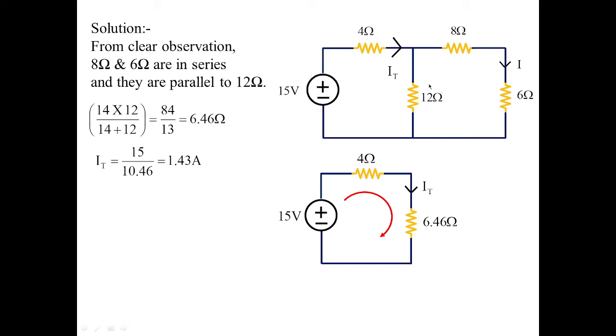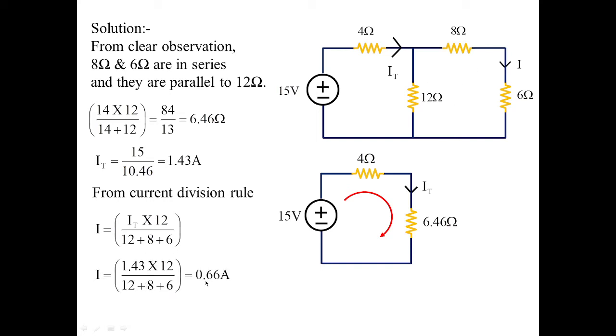Since parallel resistors are there, with the help of the current division rule you can find out the value of current in 6 ohms. From the current division rule, the current in 6 ohms is I total, that is the input current, times the parallel 12 ohms, which is parallel to 8 in series with 6 ohms, whole divided by the sum of the parallel resistors, so 12 plus 8 plus 6.